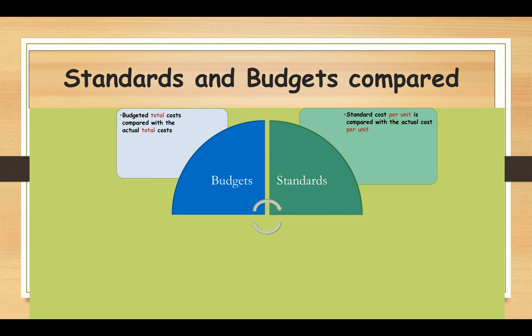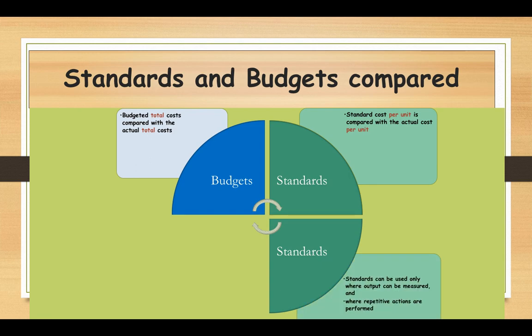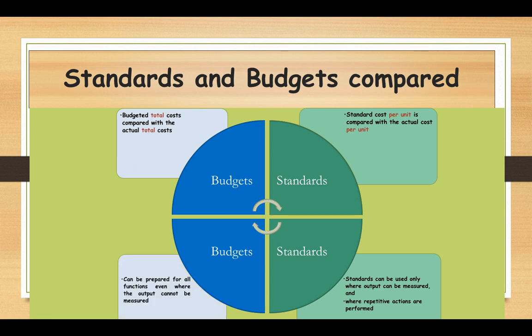For example, the standard direct material cost per unit is compared with the actual direct material cost per unit. And also, we can apply standards where we can measure the output and where repetitive actions are performed. But budgeting can be prepared for all functions, even where the output cannot be measured.